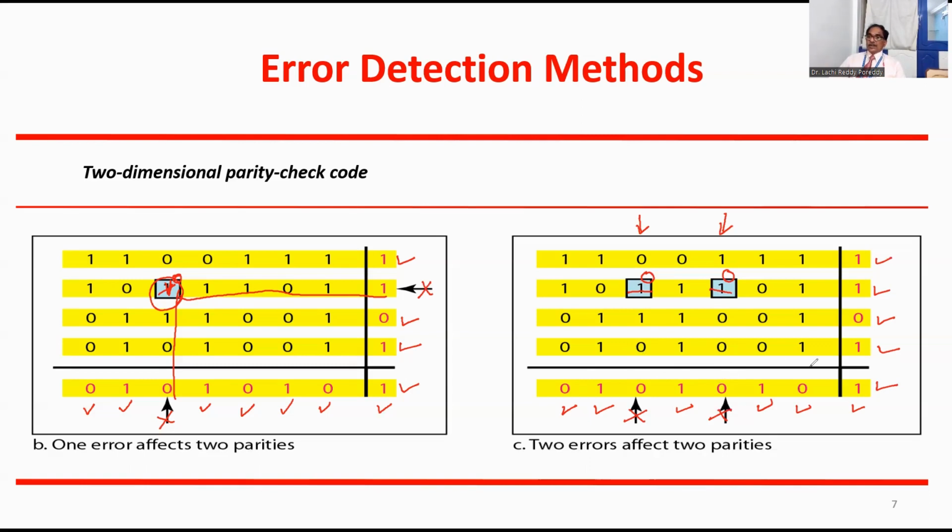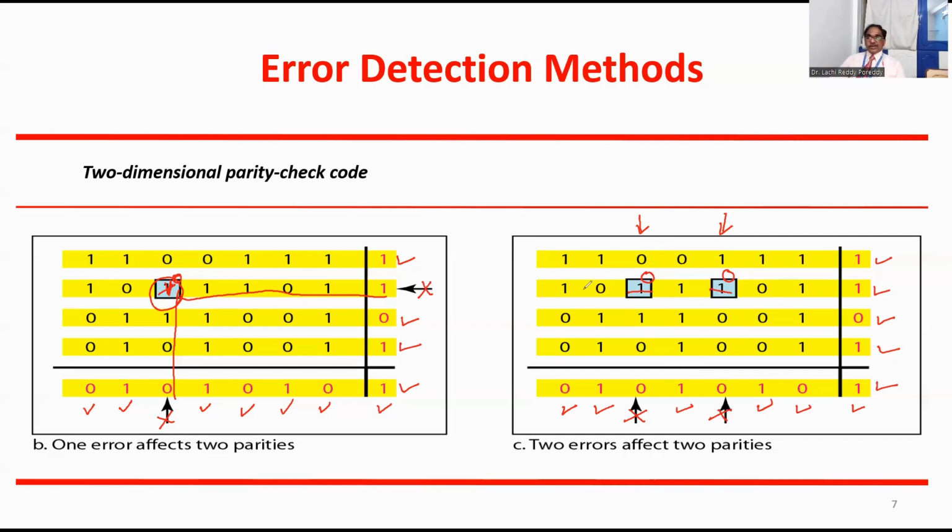But every row is saying that every row is correct. Means these 2 columns belonging to a particular row are having a problem. Maybe the first row, these 2 elements, or the second row, these 2 elements, or third row, these 2, or fourth row, these 2, or fifth row, these 2 are having errors.